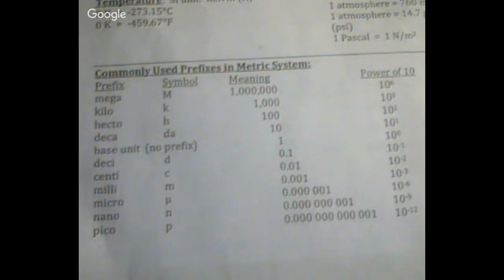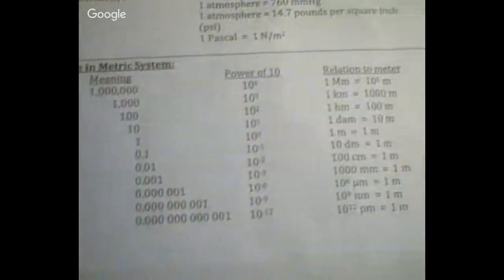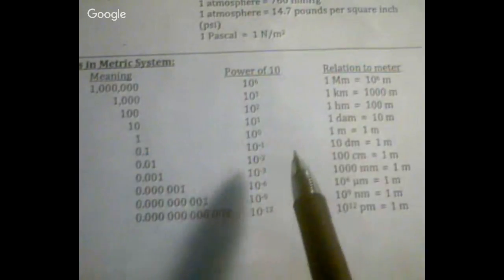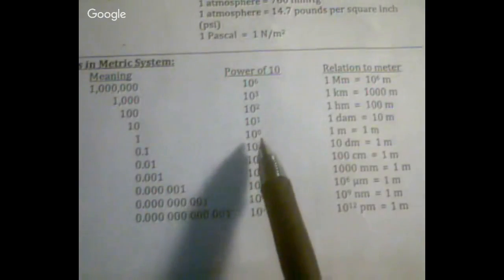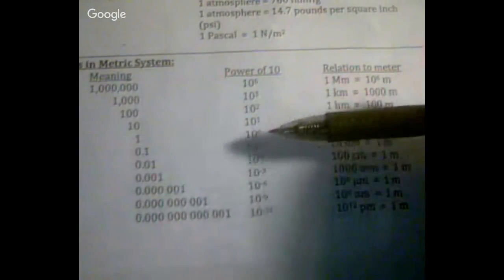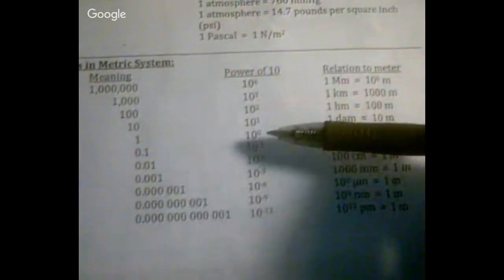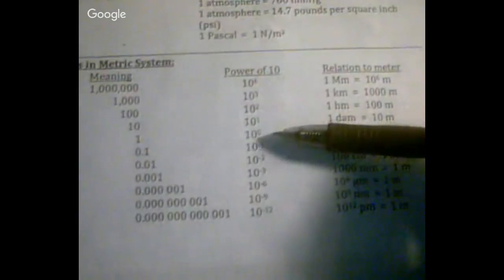So how do you go from one to the next? How I try to teach you guys doesn't work for everybody because you have to have a little bit of a math brain to do this. I use these powers of 10. And we're always comparing 2 units. So here we're comparing the base unit, which has a power of 10 to the 0. So pretty much nothing. It's like times 1, so it doesn't change.